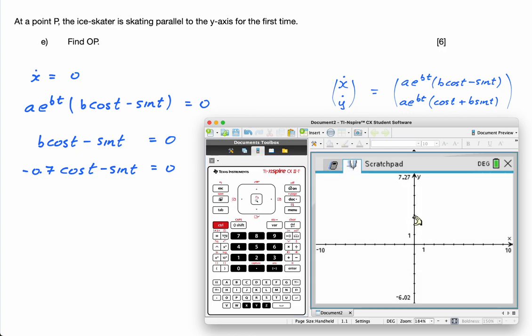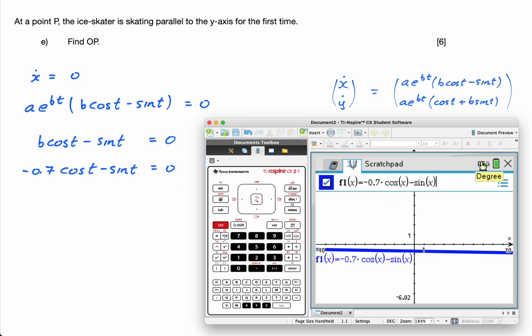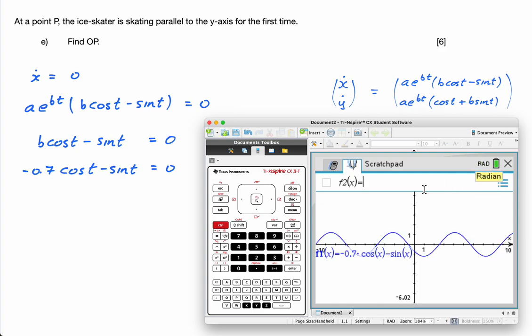Sorry, I can't put t. I have to use x when I'm drawing with my calculator. But just remember, guys, it's t. Don't get confused. I'm solving for t. Also, I need to change this to radians, guys. I nearly made that mistake.